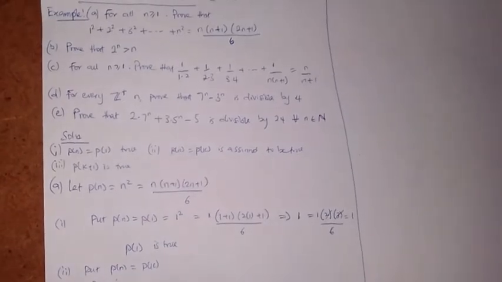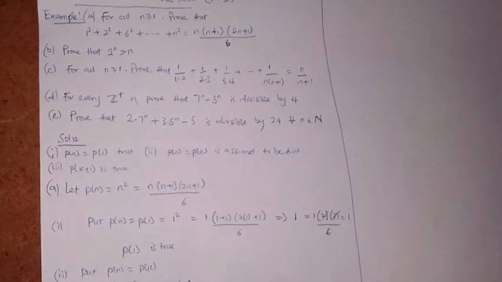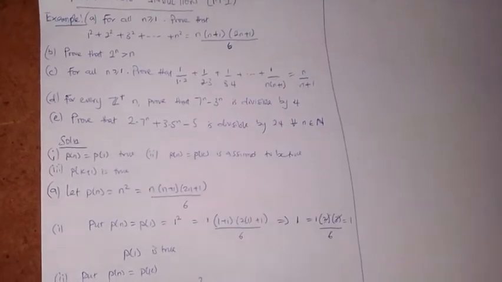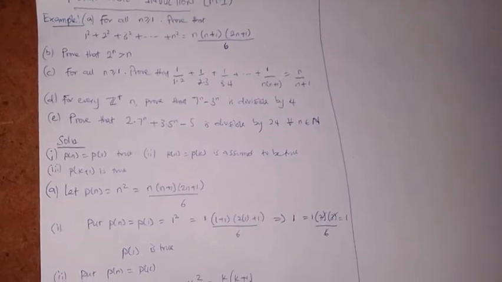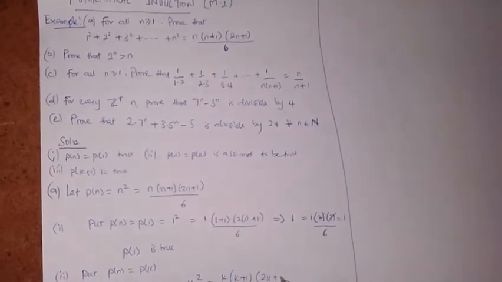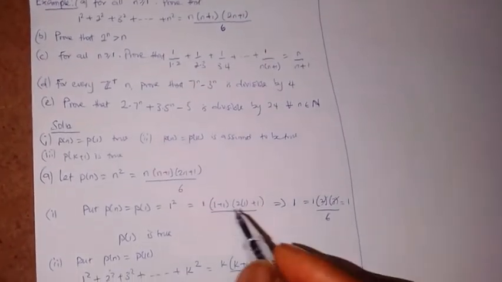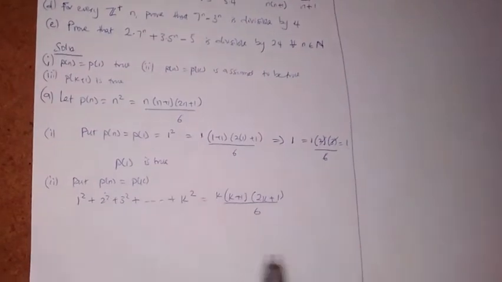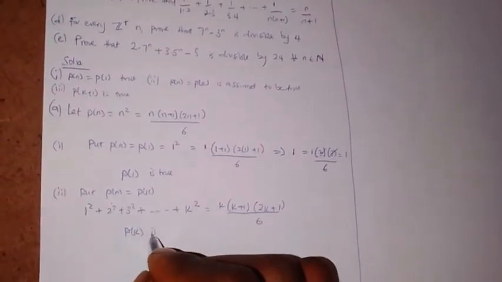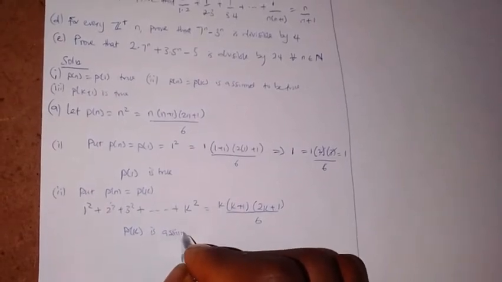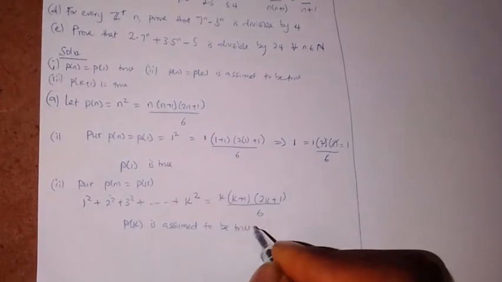We have 1 squared plus 2 squared plus 3 squared and so on plus k squared is equal to k into k plus 1 into 2k plus 1 all over 6. Now from here I'm done with this, so I'll just say P of k is assumed to be true. This is how we always make this conclusion for P of k, that it is assumed to be true.